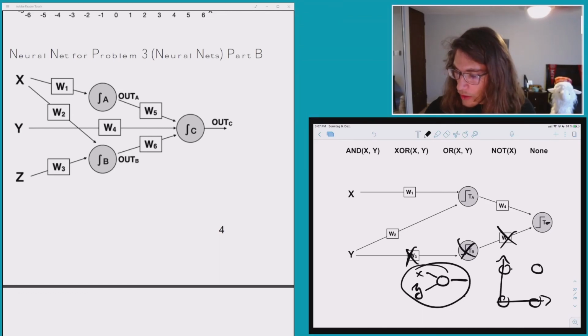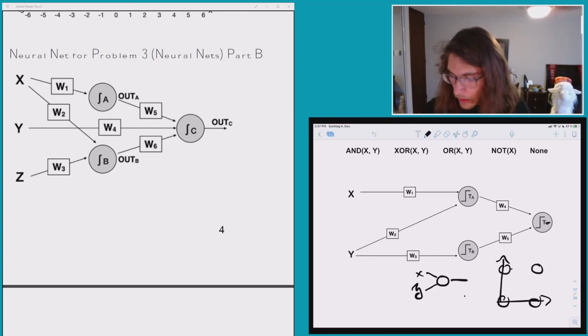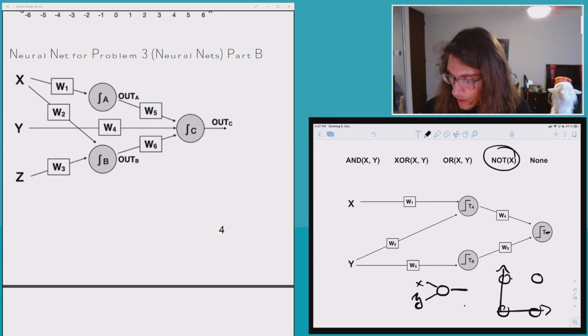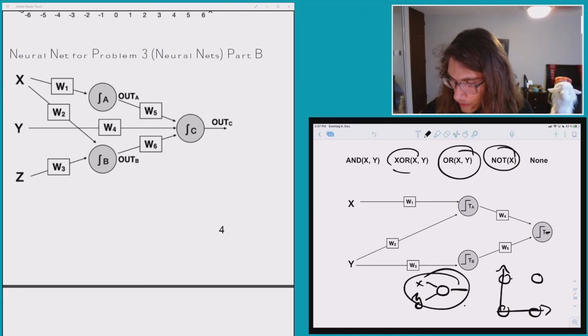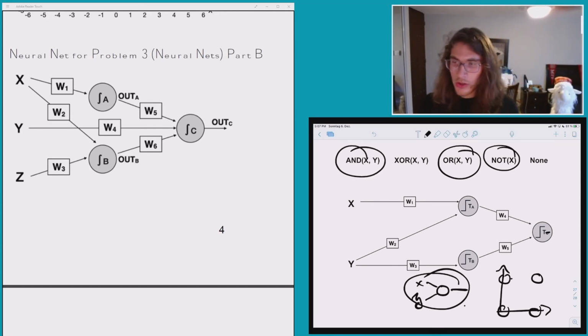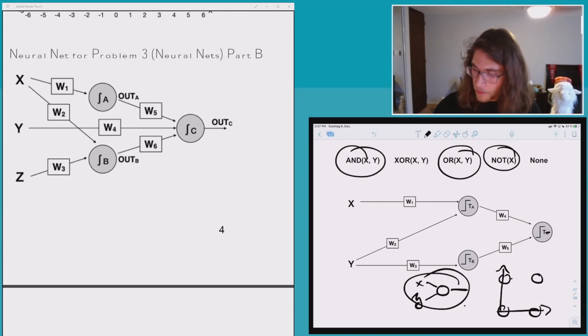So a neural network being larger than another one is not a problem. Which means that if this neural network solved not XOR, sorry, an AND, then this larger neural network can solve it just as well.